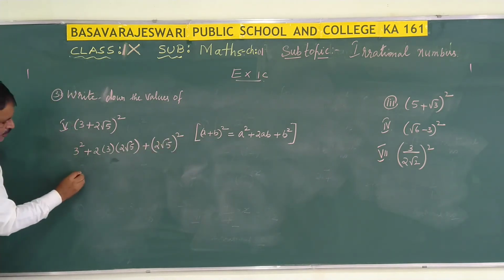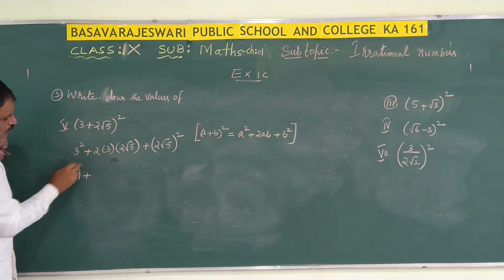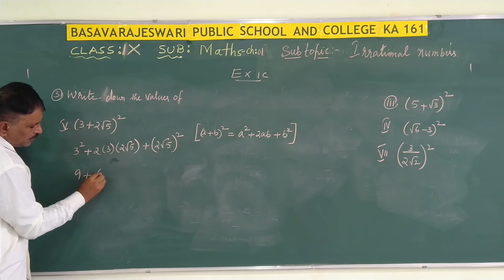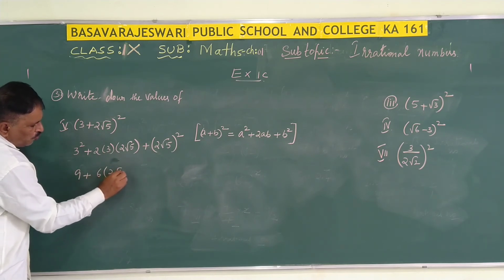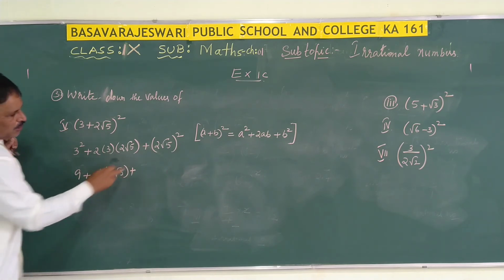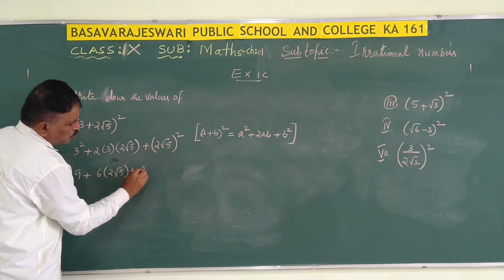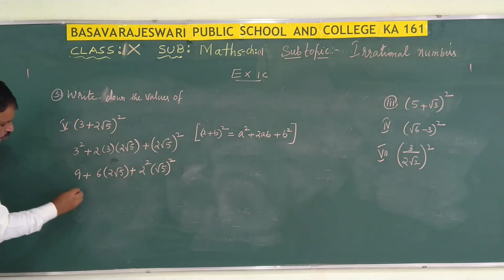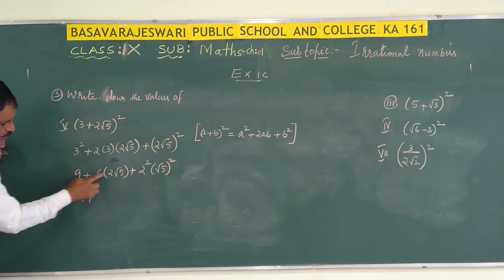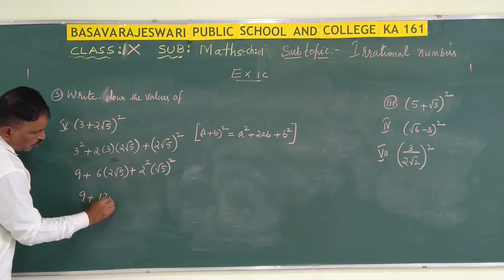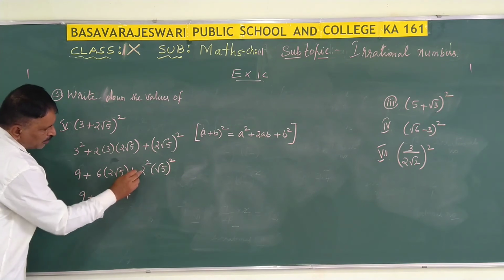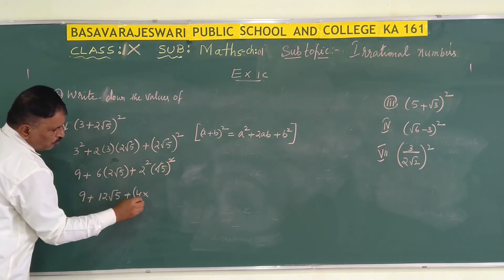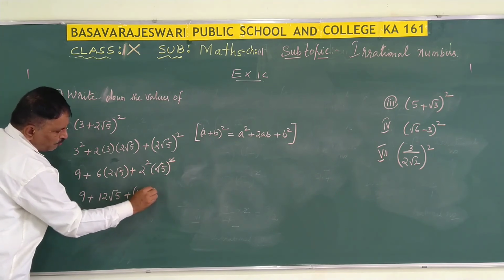Now 3 square is 9, plus 2 times 3 is 6, into 2 root 5, plus this square belongs to both 2 square as well as root 5 whole square. So 9 plus 6 times 2 is 12 root 5, plus 2 square is 4 into root 5 whole square, which becomes 5.